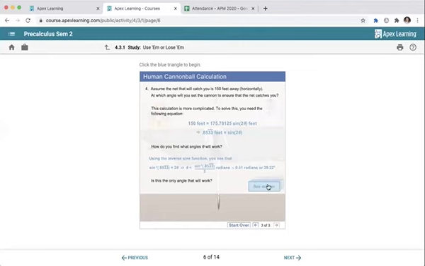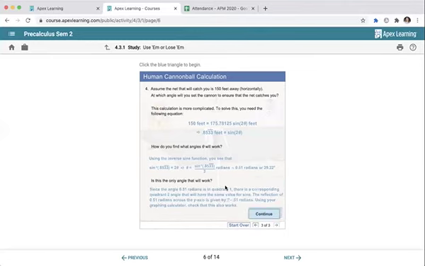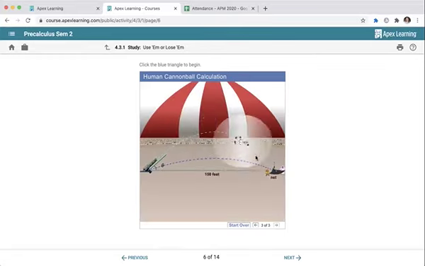So we always have to think of, is this the only angle that will work? Technically, we have other values that will mathematically work out here. However, let's use some brain power.